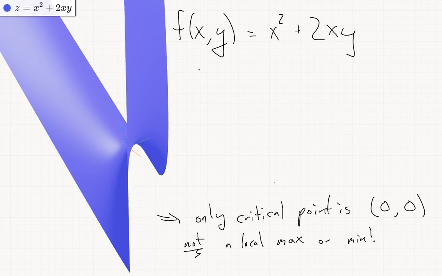So f(0, 0) is 0. If we fix y, then f(x, 0) is equal to x squared, so it'll be greater than or equal to 0 as we travel along in the x direction.